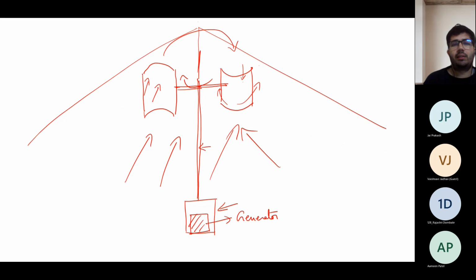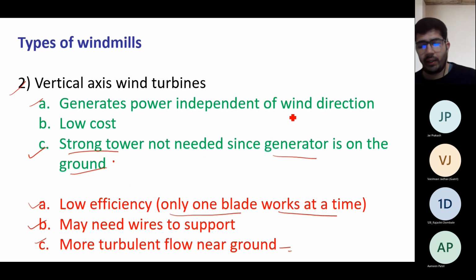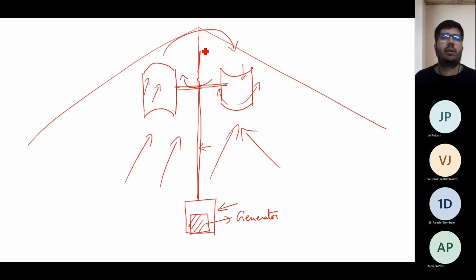You can see the basic schematic of the vertical axis wind turbine. This is your axis, and it's vertical. Here you can see the blades in different shapes. If the wind strikes this blade, it will rotate, and then the next blade comes around.